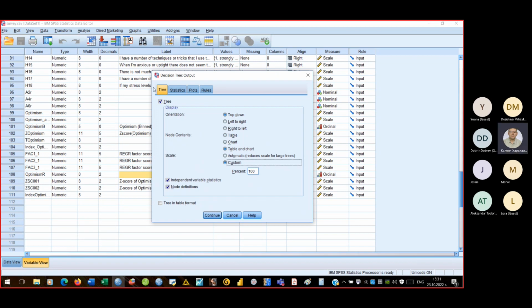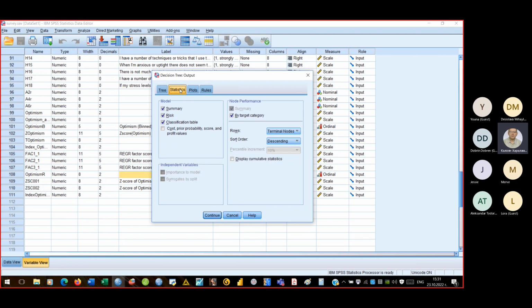Also, there are 4 tabs, not only 3. In the second tab, in tab statistics, I will uncheck risk and classification table. I will uncheck them because they are very important when we use classification tree for decision making.